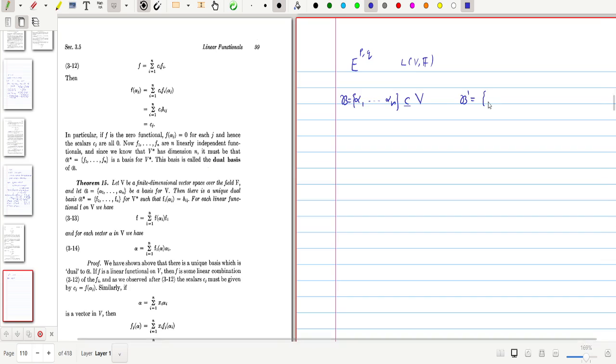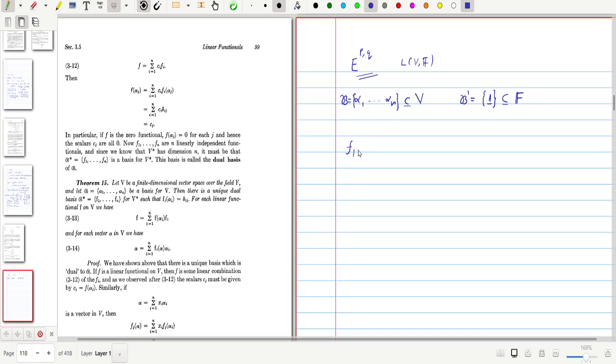B prime consists of only one vector, that is beta 1 itself. Beta 1 is 1. This is a basis for F. Using these two bases, you can construct these E_pq's. Here q is one. The only possibility of q is one, and the possibilities of p are 1, 2, 3, etc. n. So what are the functions?